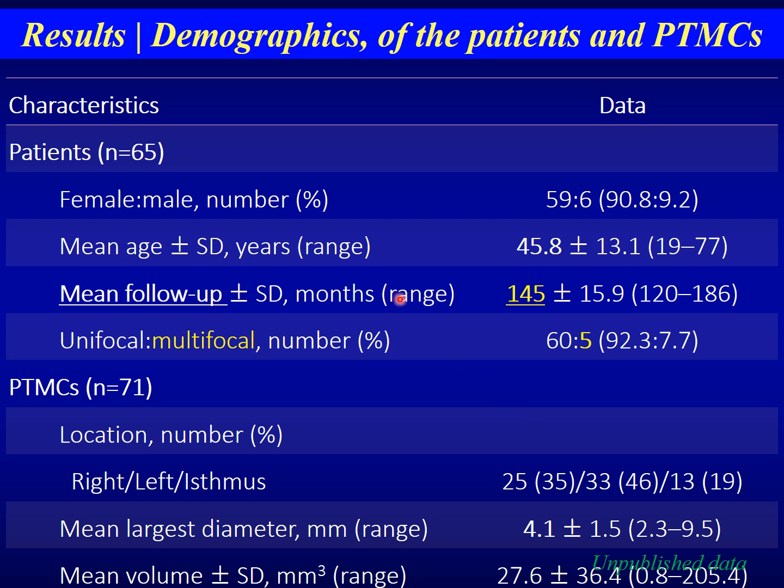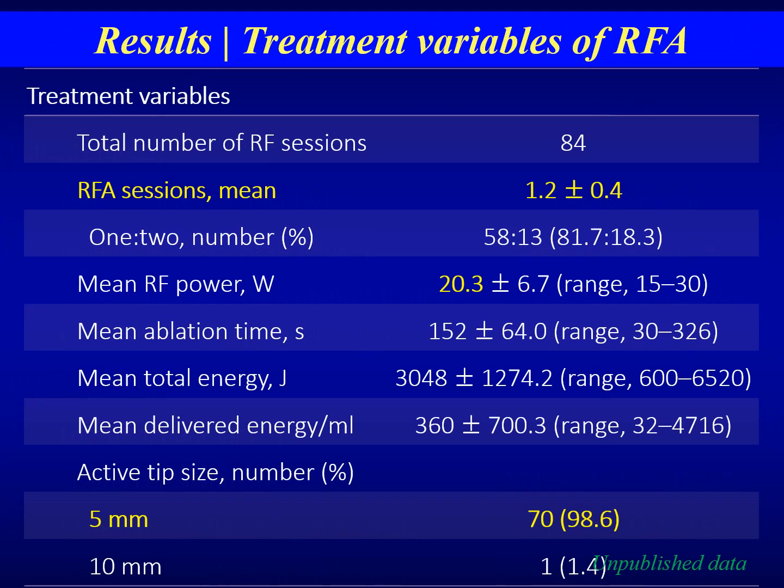The mean follow-up period was more than 12 years, 145 months. The mean RF ablation session was 1.2, and we used an active tip size of 5 mm. Mean RF power was around 20 watts.